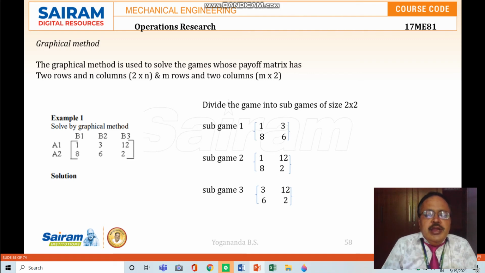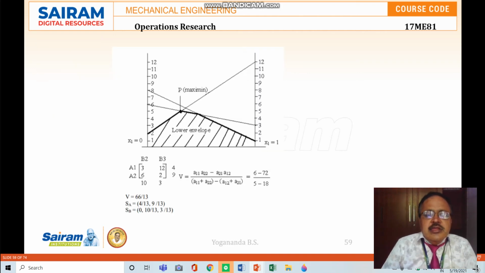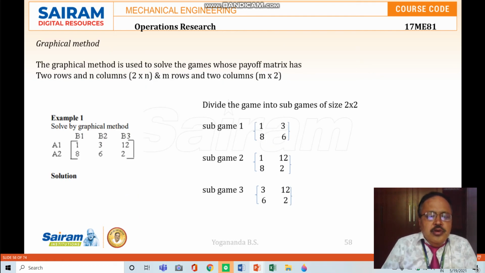If it is m by 2, that is only 2 options for player B. So then it is do or die situation for player B. Then the lines here will be drawn for B1 and B2. Then we are taking the values column wise. But now in this case it is taken row wise. That is A1, A2.